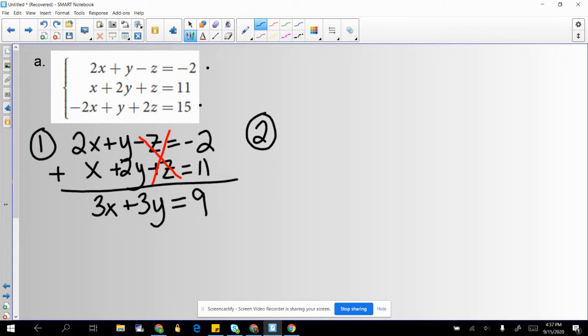And I need to eliminate the exact same variable, z. So I'm going to rewrite this, 2x plus y minus z equals negative 2. And I'm writing my third equation, negative 2x plus y plus 2z equals 15.